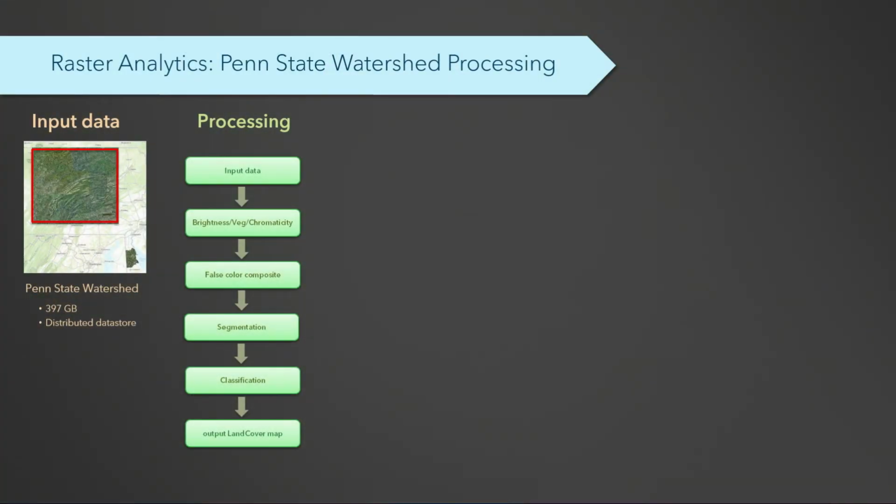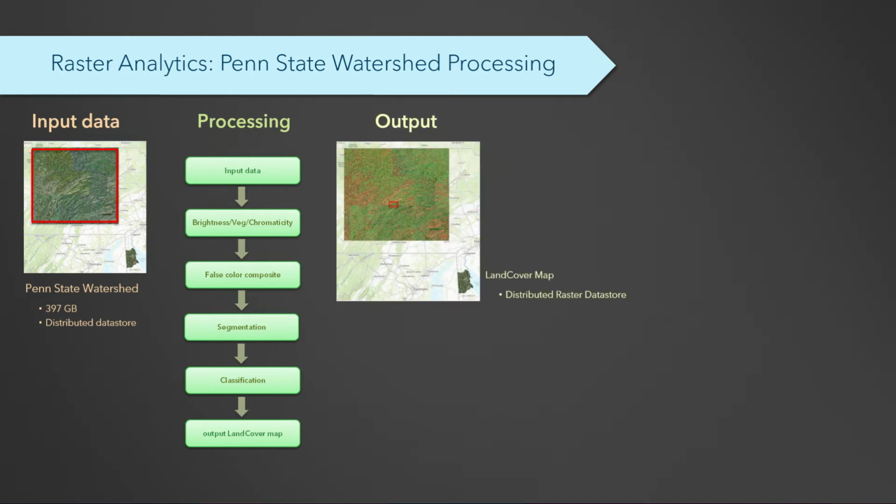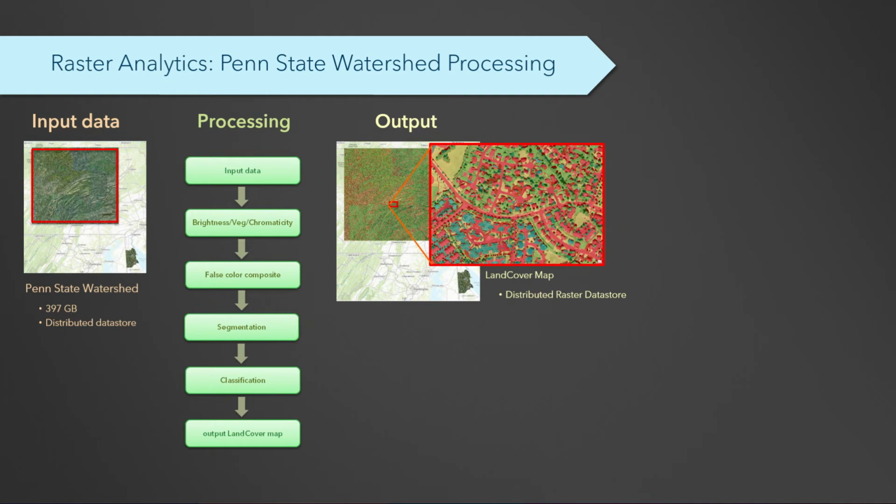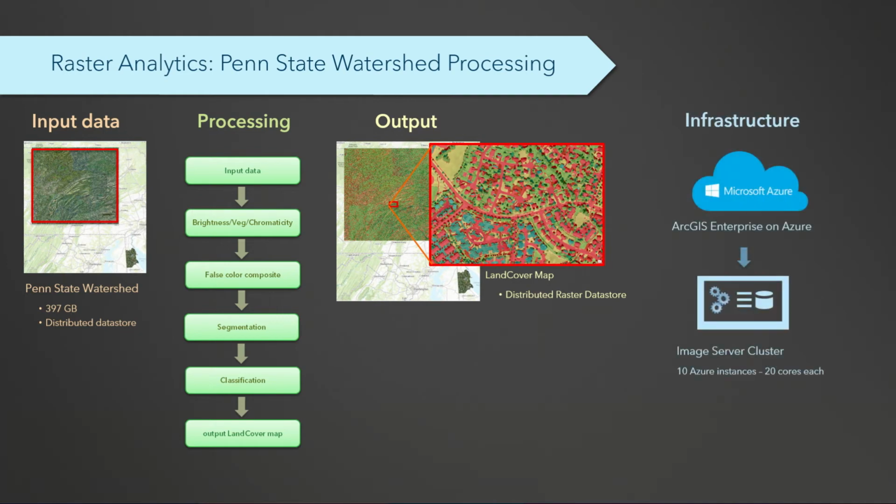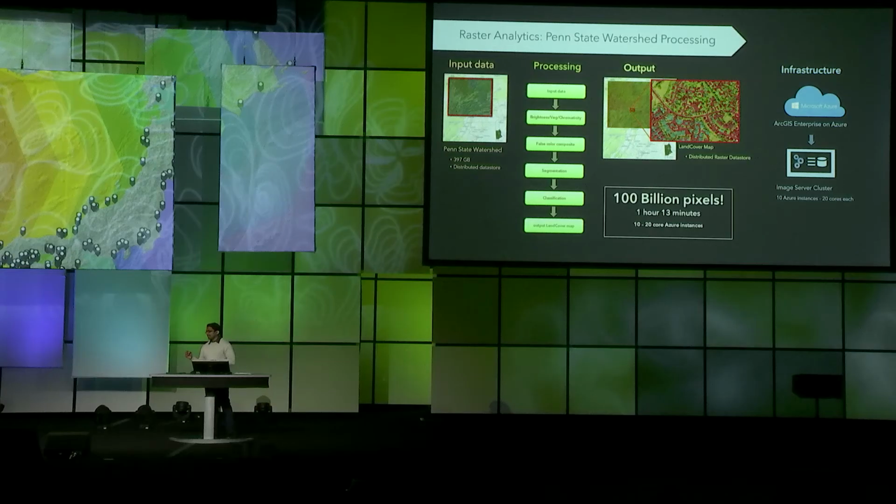I'm creating a false color composite, segmenting my imagery, classifying my imagery, eventually creating a high-resolution land cover map. For my infrastructure, I've used Microsoft Azure, 10 instances, 20 cores each. The result: 100 billion pixels processed in 1 hour and 13 minutes, as opposed to days of processing using desktop.